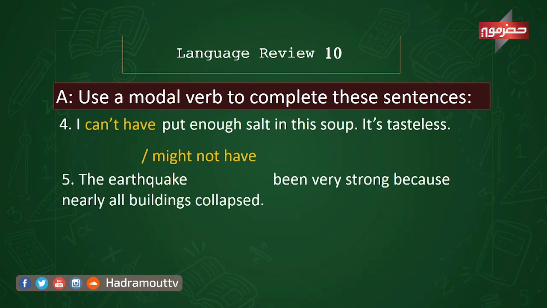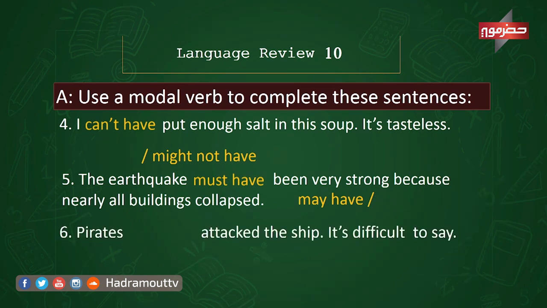Number 5: The earthquake, zilzal, must have been very strong because nearly all buildings collapsed. Okay? May have or must have, because all buildings or nearly all buildings collapsed? So it will be must have.